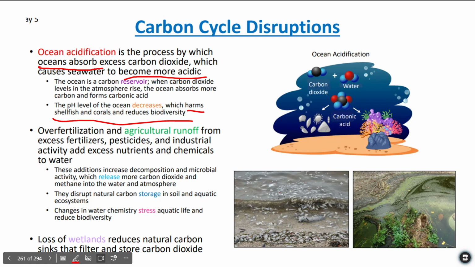One other thing that can happen is we can get things like fertilizer, pesticides, things that add extra carbon to waterways or the soil. And this is going to cause stress and kill or harm life around the ecosystems.